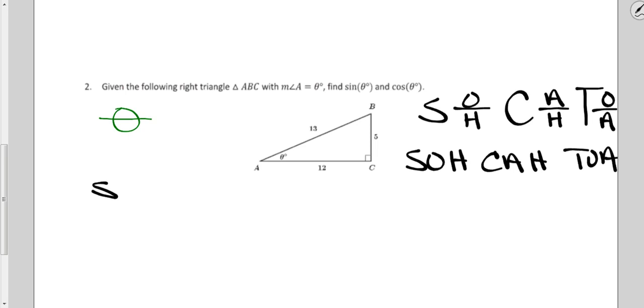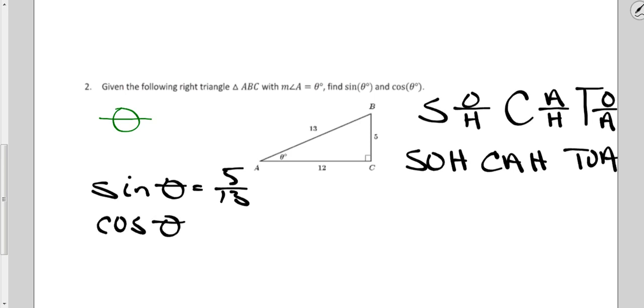What's the opposite side? How long is it? 5. So sine of theta equals opposite over hypotenuse, which is 5 over 13. You are done finding sine of that angle. What about cosine of this angle? 12 over 13.